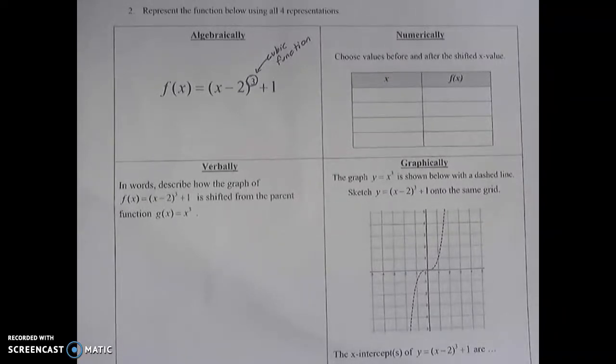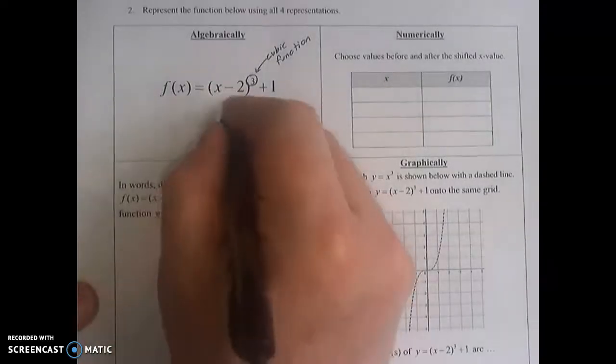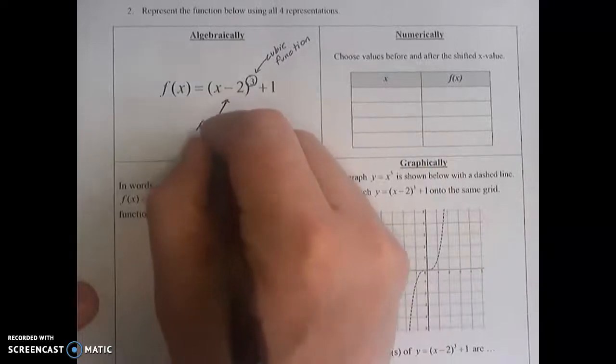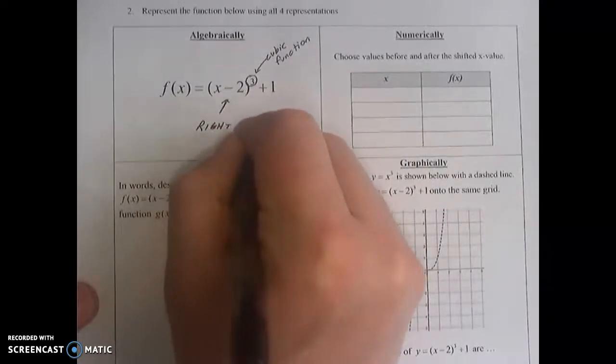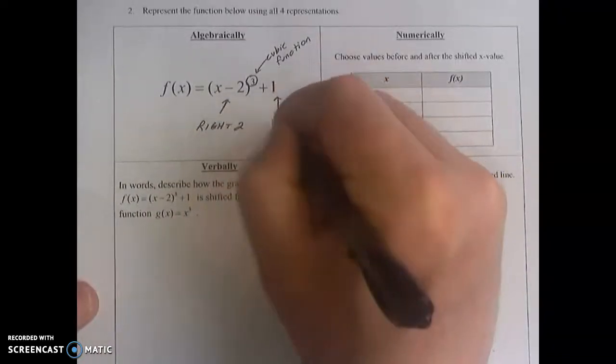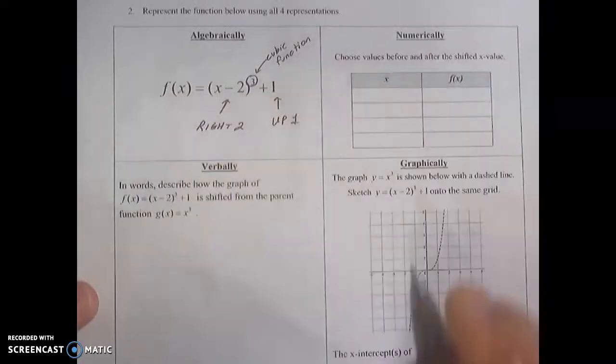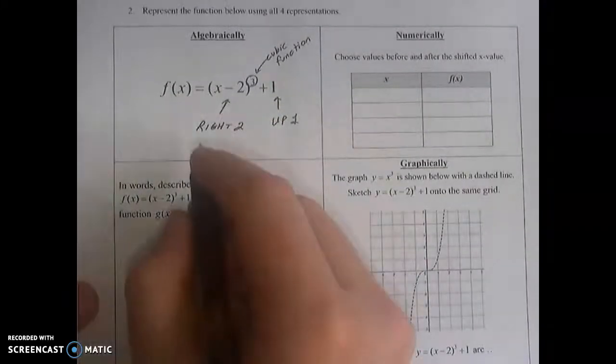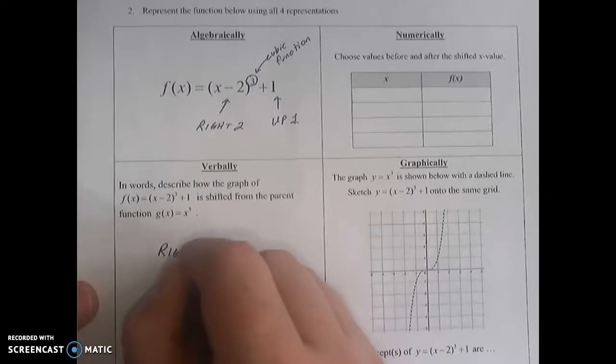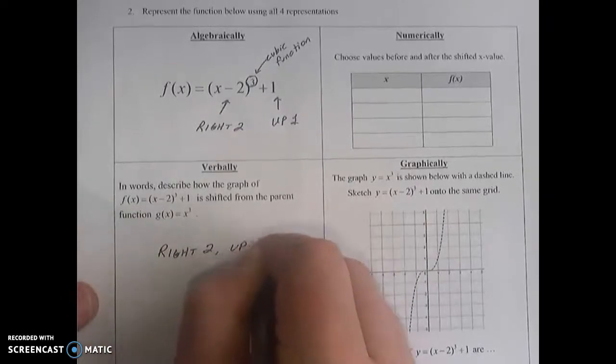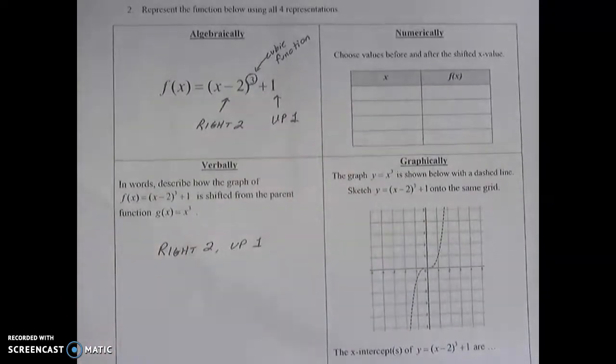But we do have some shifts. A -2 on the interior of a function, that's going to mean that we're shifting right 2. A +1 on the outside, that means we're going to shift it up 1. It says in words describe that. Well, we just did. Right 2 and up 1 from the parent function we did on the other page. Okay?